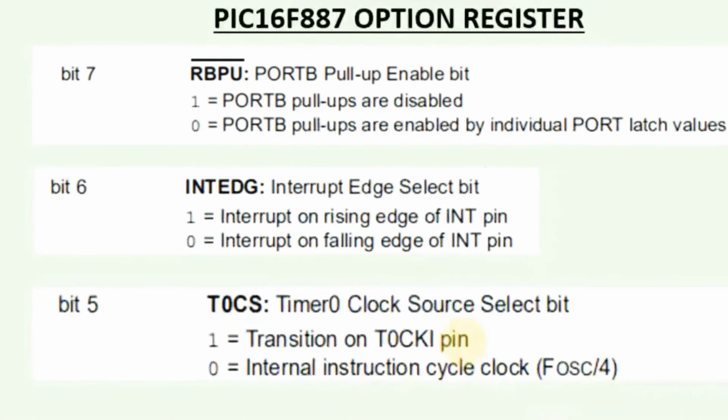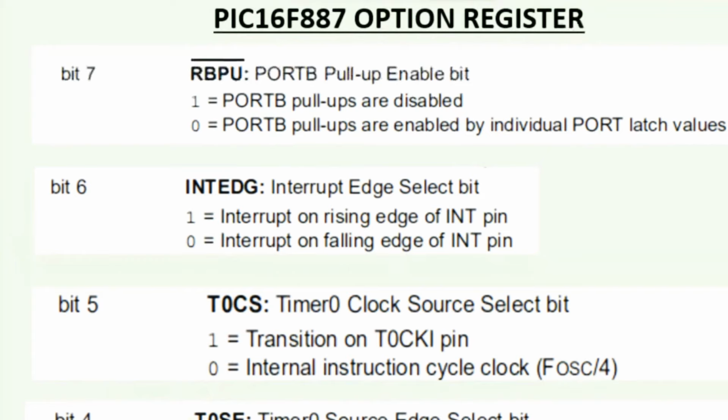That means Timer 0 is working as a counter here. If bit 5 is made 0, then the increment will happen with the internal instruction cycle clock, that is Fosc by 4. To conclude, T0CS tells whether your Timer 0 is working as a timer or counter. If this bit is 1, it is working as a counter. If this bit is 0, it is working as a timer.